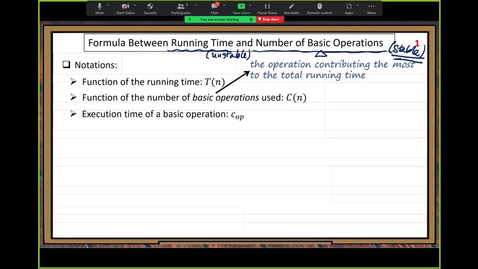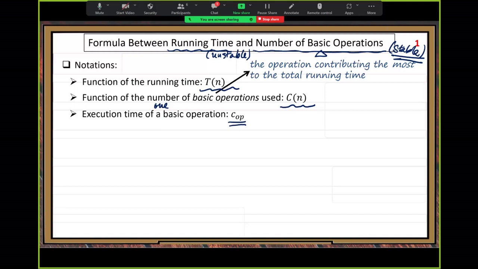In order to compare these two concepts, T of n and C of n, we need to make a small assumption. The assumption is that the execution time of one basic operation is little c sub op.